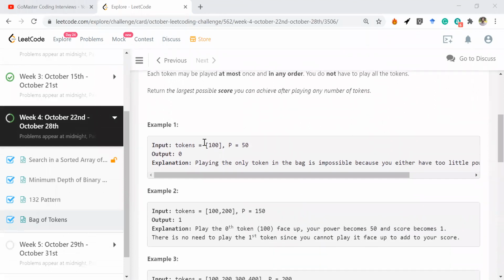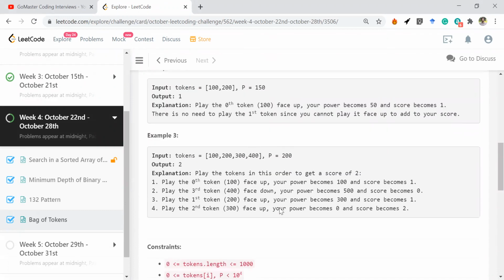In the first example, we have only one token and power 50. We cannot use the power on the token to get a score. And obviously you cannot even increase the power because the score is 0 to start with. So that's what the answer is. For the second example, we have a power of 150 to start with, so we can use it on one of the tokens and get one score.